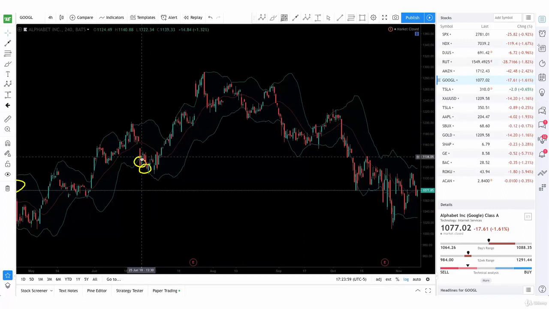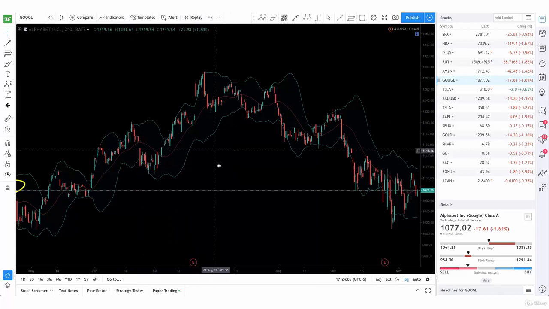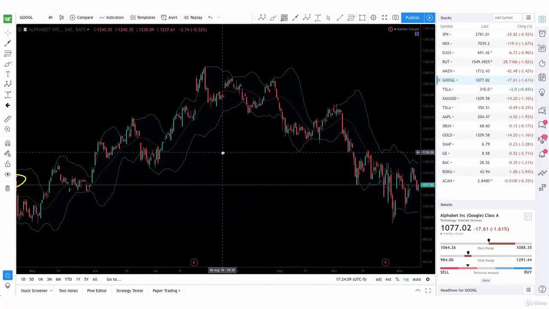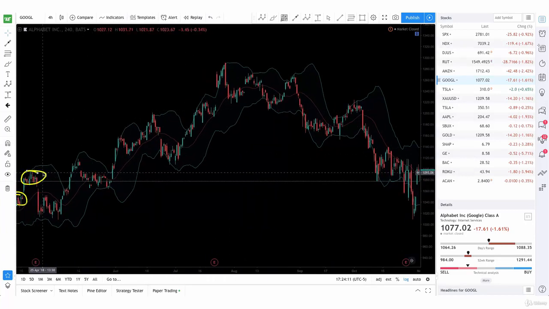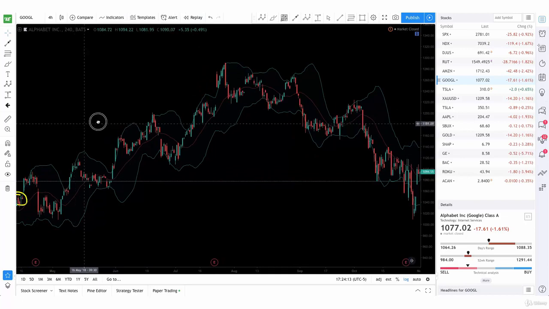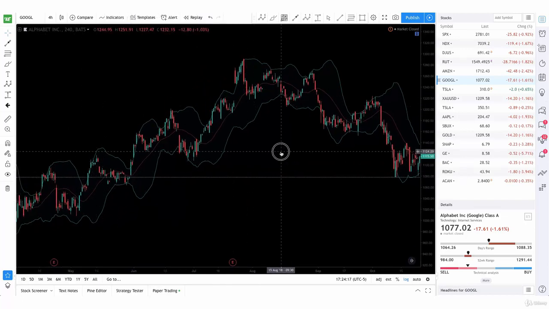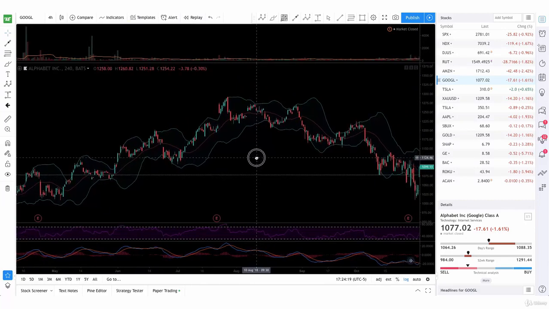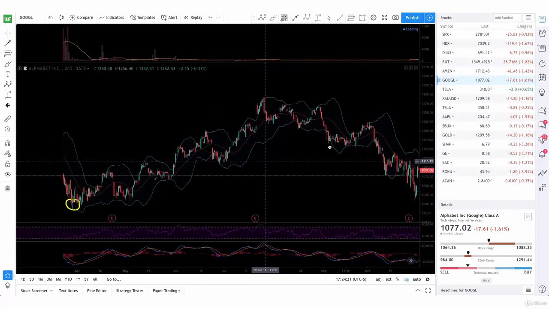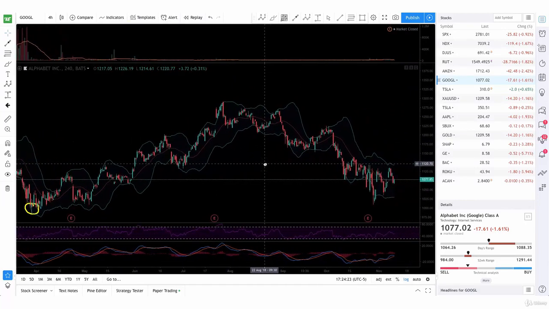Okay, so you want to take this with a grain of salt. Utilize it for short and long signals, but also use it with all your indicators. Don't just go with it alone and blindly take positions just looking at the Bollinger Bands. But still, it could be a very useful indicator and strategy that you could use.